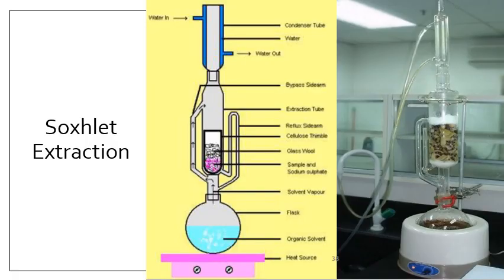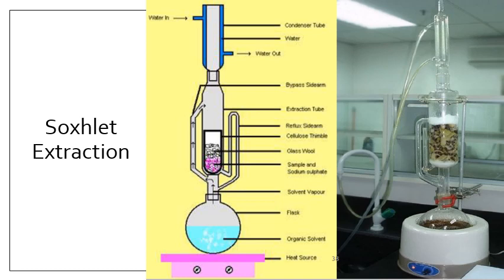The picture and the diagram over here elaborate the solvent extraction. As you see at the bottom, that is the receiving flask, and there is a heater which is heating the extract. By heating the extract, the vapors are carried through a line and go into the condenser.